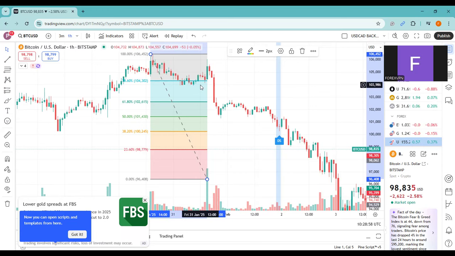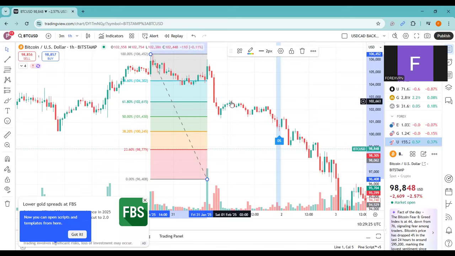So that's the first point of applying Fibonacci strategy. So then you now allow price to retrace to either 50% or 61.8%. So you can see price here comes down and then retraces back to about 61.8%. So this is your entry point.